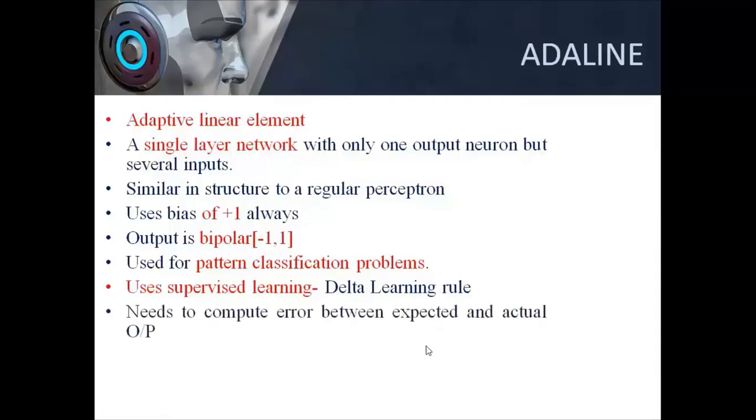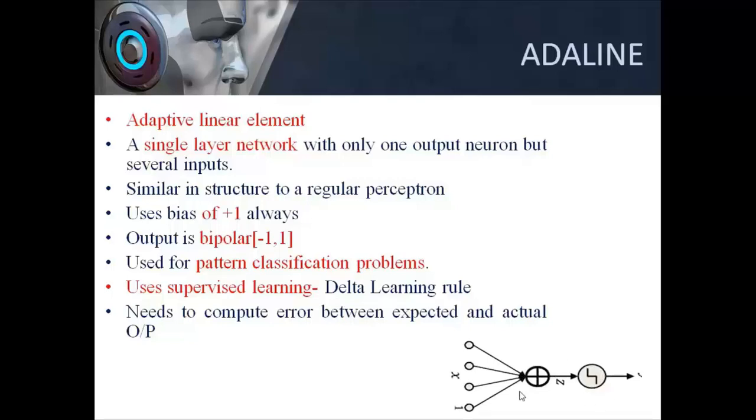But as of now, we should understand it is going to use feedback, which is the error between the expected and the actual output. So for a given input, we know the expected output, and we compute the actual output, and the difference of the two gives me the error, which is going to be used for weight updates, and the tool is called the delta learning rule.